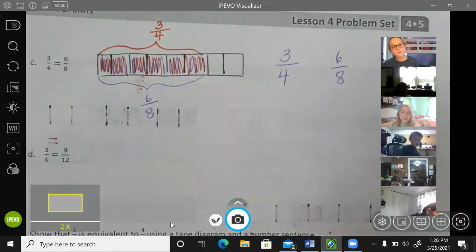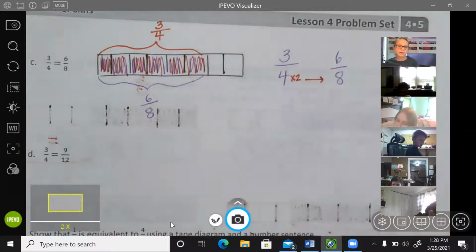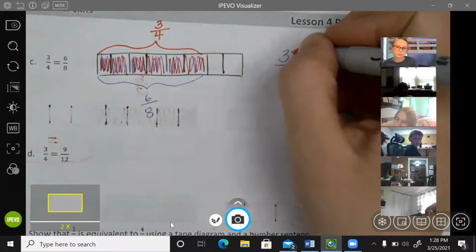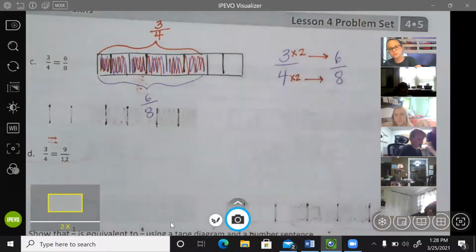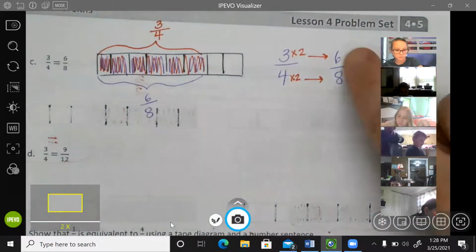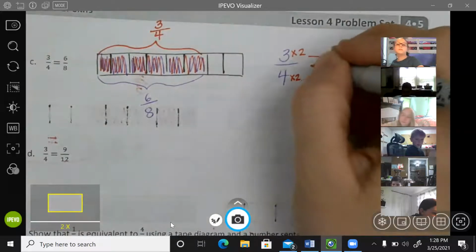Multiply the denominator 4 times 2, because that equals 8. And then what do I need to do to my numerators? 3 times 2 equals 6. And that's what we have here. So what can I put in between these 2 fractions? An equal sign. They are equal.